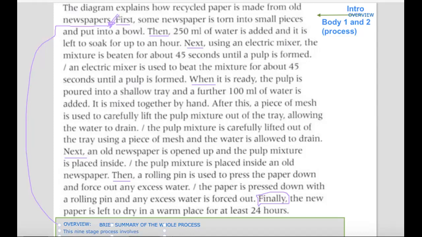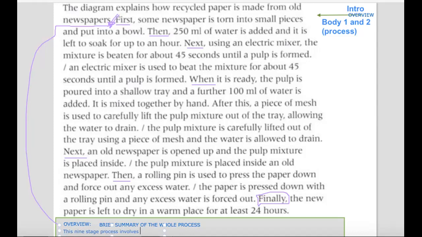Now try and think about what are the main things that are happening. If you had to pick 3 of the main steps, think about what those could be. So this 9-stage process involves, and what did they do to the paper? So you can pause the video and think about that. What are the main stages that happened?